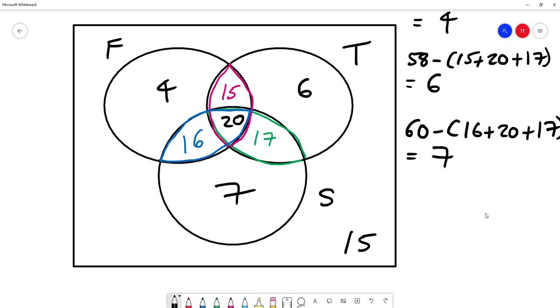I'll just write that here on the side. It's 100 minus the sum of all of these values. So that's 4 plus 15 plus 20 plus 16 plus 17 plus 4 plus 6 plus 7.